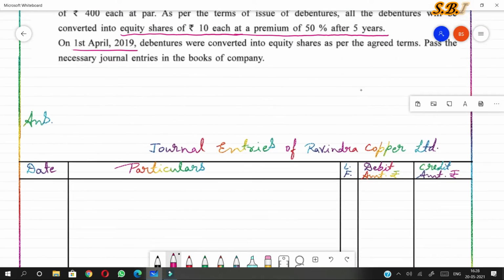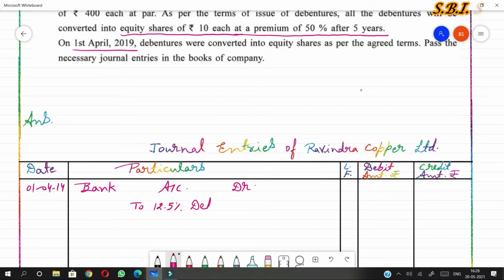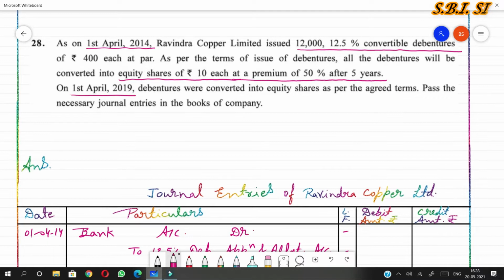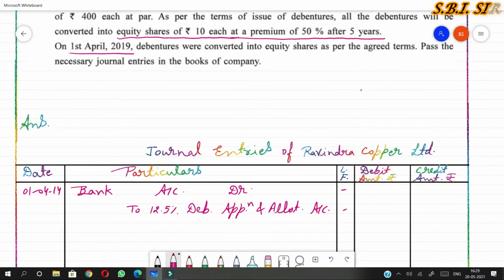Then the first entry will be made for issue of debentures as on 1/4/2014. The entry will be: Bank account debit, to 12.5 percent debenture application and allotment account. The amount will be 12,000 multiplied by 400, which is 48 lakh.